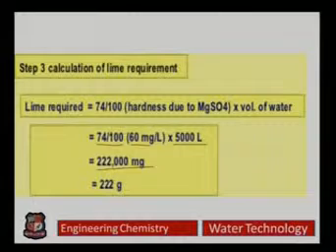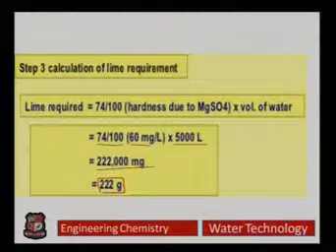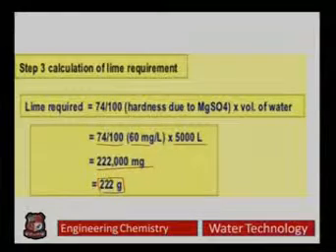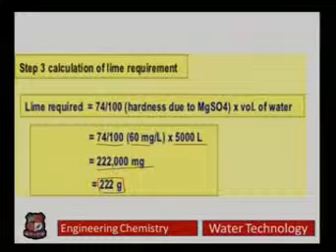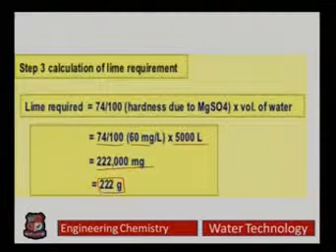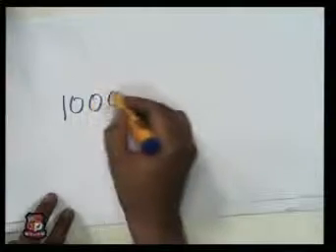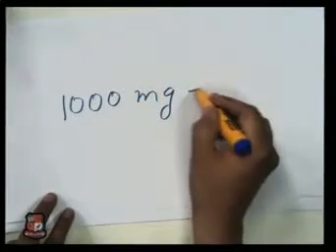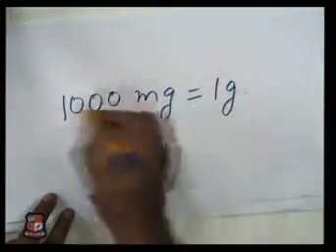When we convert it into gram, 1000 milligram is equal to 1 gram.